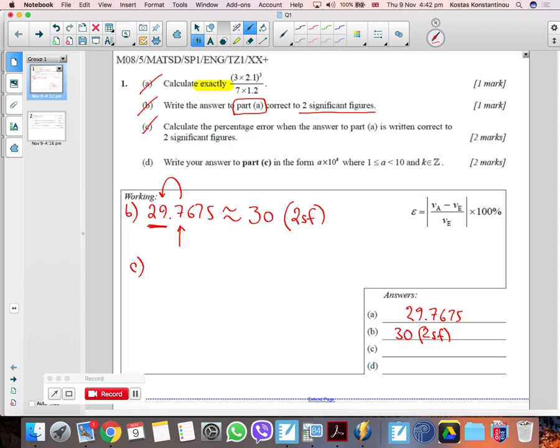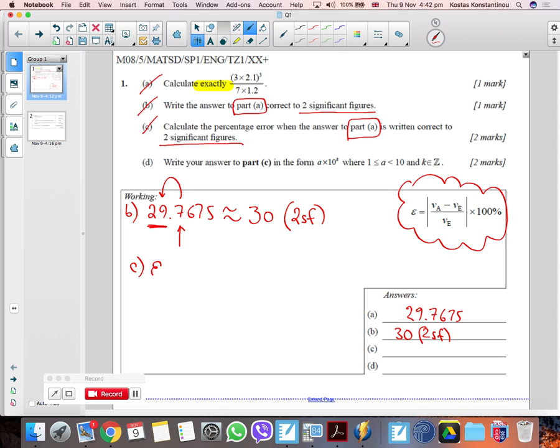Calculate the percentage error when the answer to part A, again, so be careful, we're talking about part A again, is written correct to two significant figures. So, we're going to use two significant figures is what we found in part B, and part A is the exact answer. I copied the percentage error formula from the formula booklet.